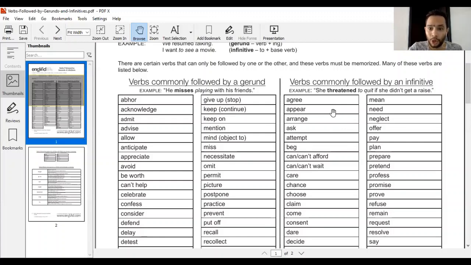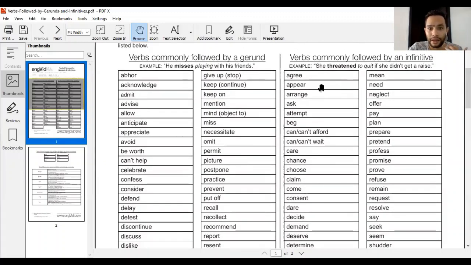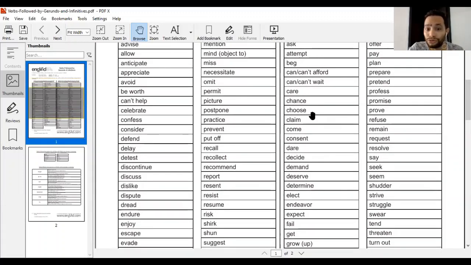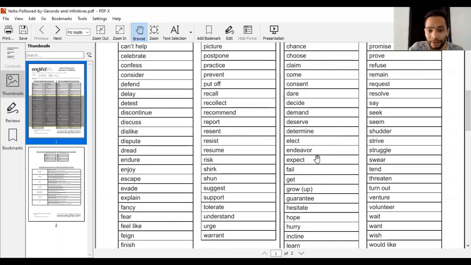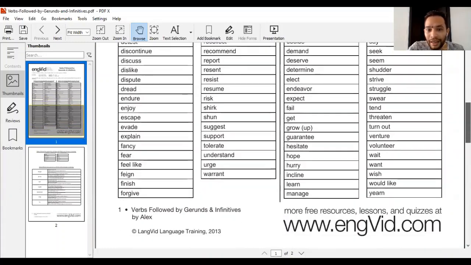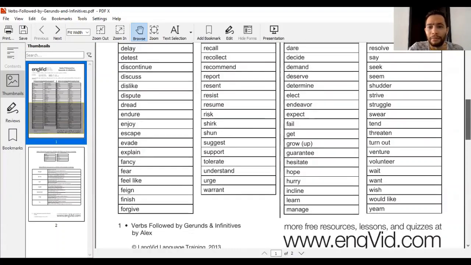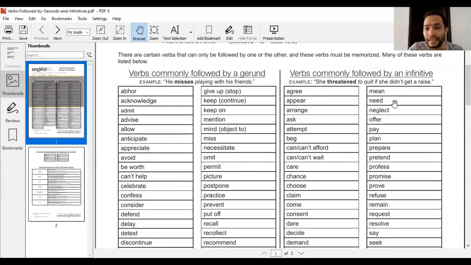So those verbs are agree, appear, arrange, ask, attempt, beg, can afford or can't afford, can't wait, care, chance, choose, claim, come, consent, dare, decide, demand, deserve, determine, elect, endeavor, expect, fail, get, grow or grow up, guarantee, hesitate, hope, worry, incline, learn, manage, mean, need, neglect.